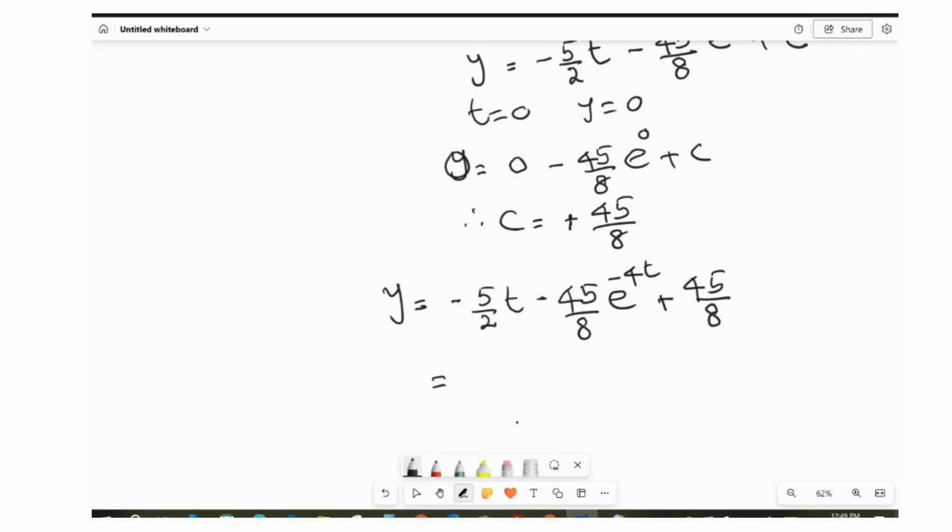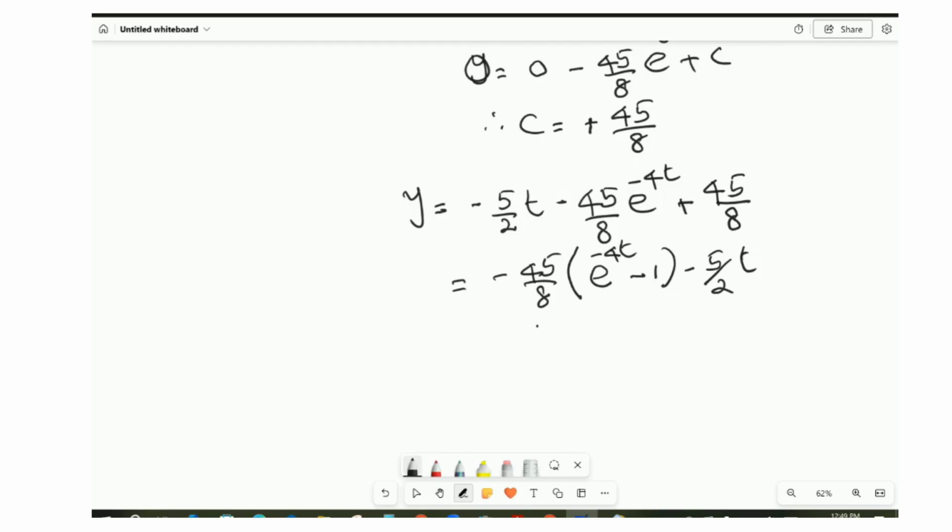So this is equal to minus 45 divided by 8, which I can take outside, times e to the power minus 4t minus 1, minus 5 over 2 t.